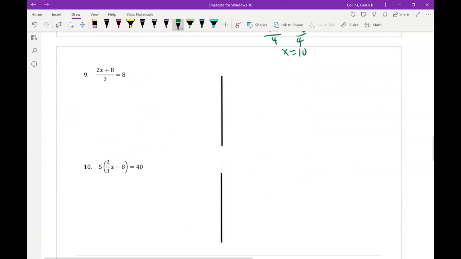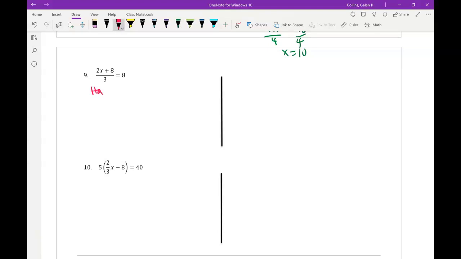Okay, we got 2 more that are like that. In number 3, if I think about what is happening to x, if I were to evaluate x, this is the order in which I would evaluate the expression on the left-hand side. So the first thing that's being done to x there is x is getting multiplied by 2.